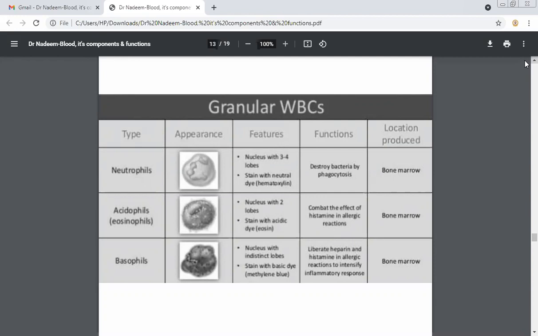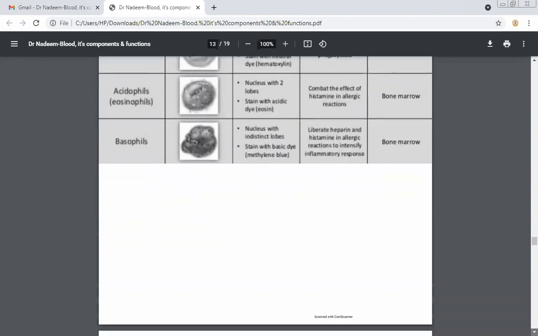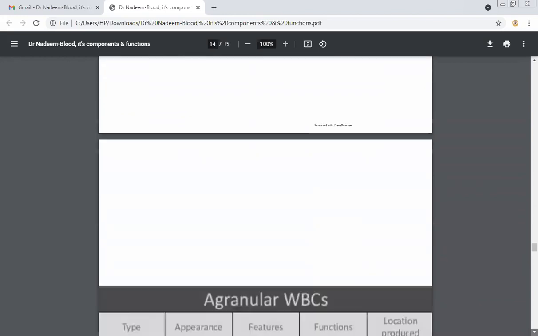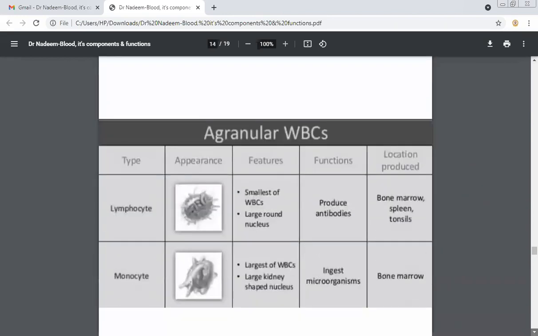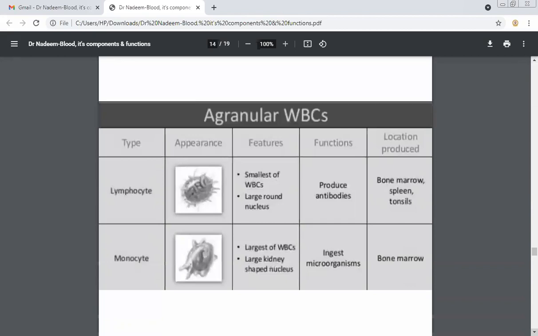Besides heparin, they also produce histamine, which is involved in allergic reaction, to intensify inflammatory response. The production site is bone marrow. Come to the agranular WBC.